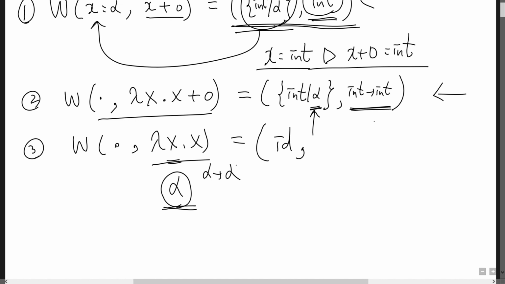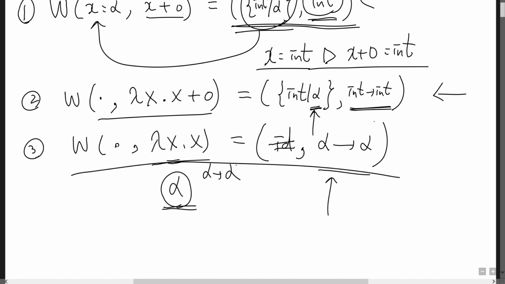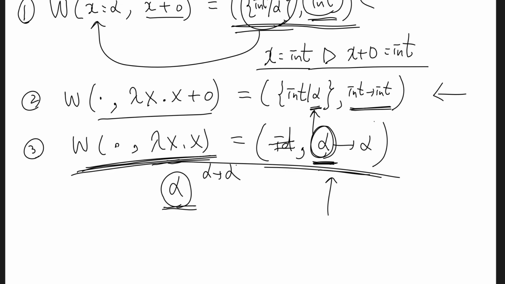We have not generated any type substitution, so this is empty. And the return type is alpha arrow alpha. So this example illustrates that the return type can contain a fresh type variable. This alpha, we didn't have type variable alpha in the beginning here, but in the result, we have type variable alpha. So this is precisely an example of a fresh type variable generated by this algorithm W. So the answer is this one.